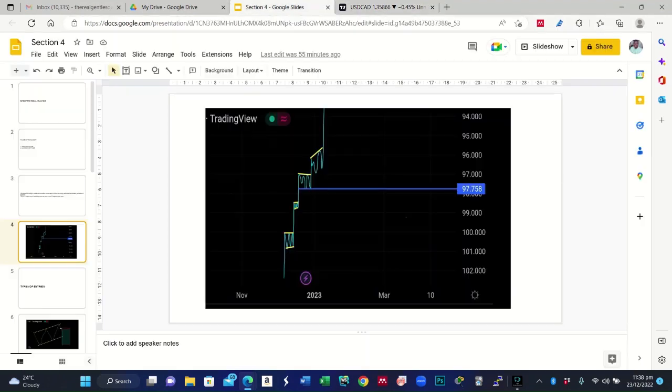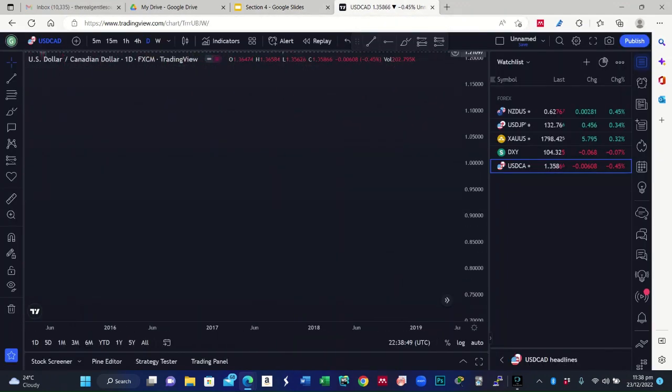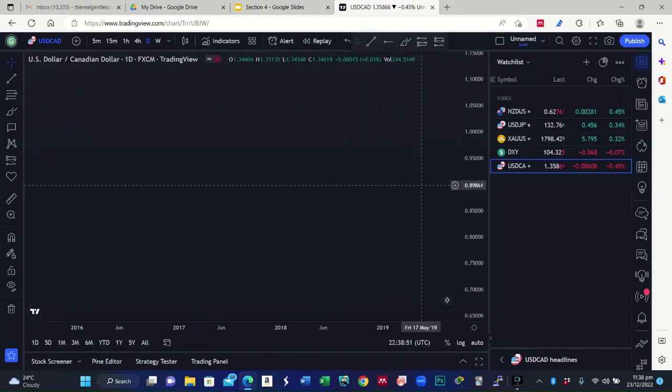Now let's continue. So we have explained the impulse, correction, and impulse. So one other thing I also want you to know is how we enter trades, how we set our stop loss, and how we set our profit target.